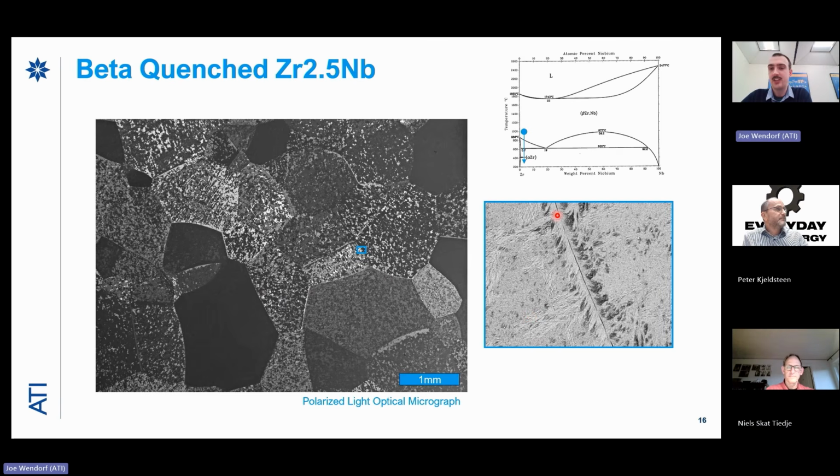Also, you may notice at the prior beta grain boundaries, we have a very aligned structure of these alpha laths. So I said earlier that no nucleation mechanism is necessary to do this transformation, but there is still a little bit of a nucleation effect on the grain boundaries, where it happens first at the grain boundaries, where usually, when you look at your two beta grains across the grain boundary at high temperature, there's at least one alpha variant, right?